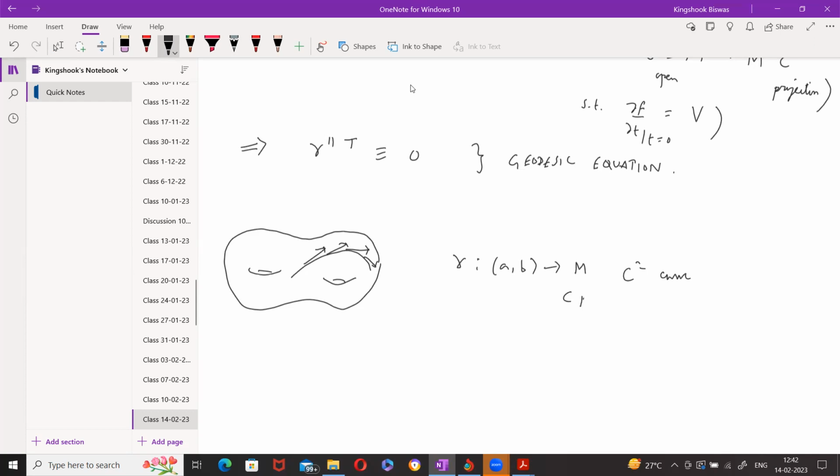So M is sitting inside R capital N. So then gamma prime at each point belongs to the tangent space to M at gamma t. But gamma double prime, if I take the second derivative, is just a vector in R capital N, right? So if I want an acceleration which is a vector in M, what I need to do is take the tangential component. That will again give me a tangent vector in M, right?